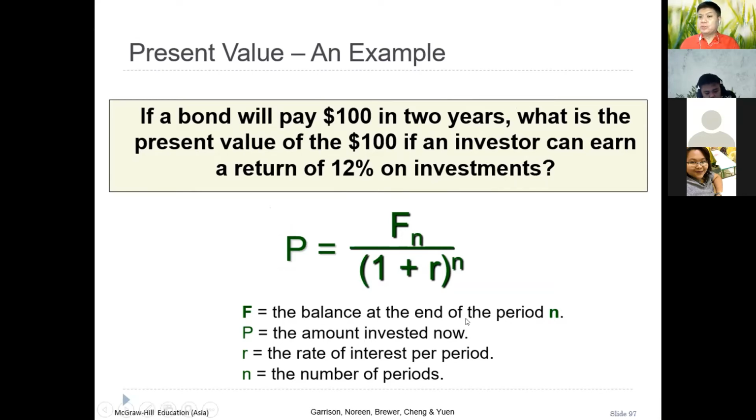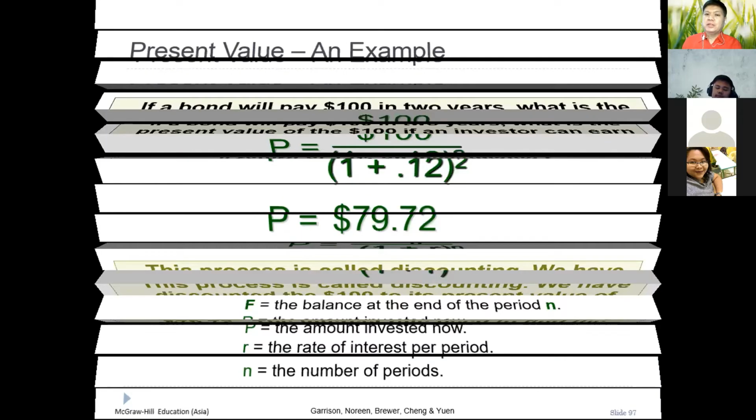So that is the future value. P, the amount that should be invested now, that's the present value. R still represents the interest and N the number of periods. And we will compute P using this formula. Okay? So magkano kaya yung invest ko para makareceive ako ng 100 after 2 years?